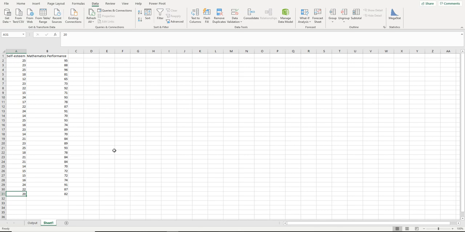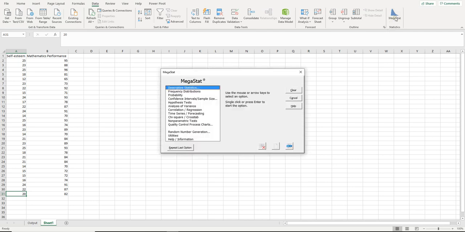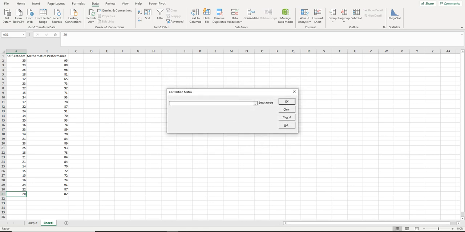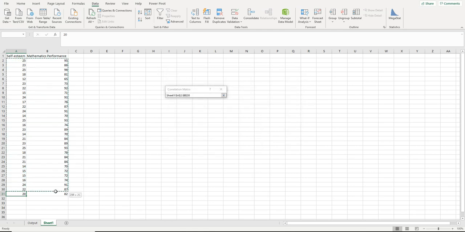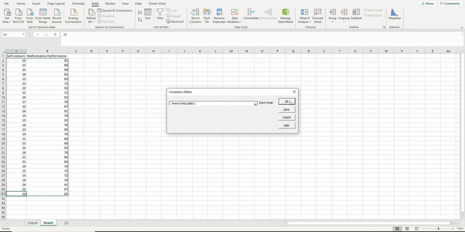For the third research objective, which is determining the significant relationship, since we are going to deal with the significant relationship, that is inferential statistics. So here we click MegaStat, and then we have Correlation/Regression. Click Correlation/Regression and then Correlation Matrix. We are going to highlight the data and click OK.